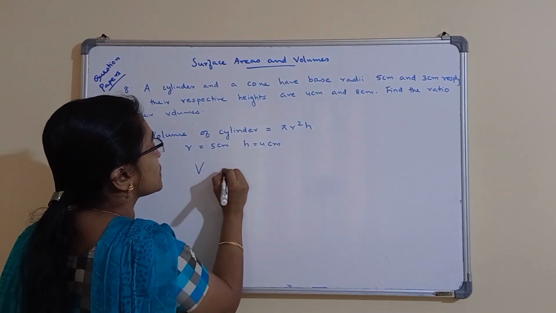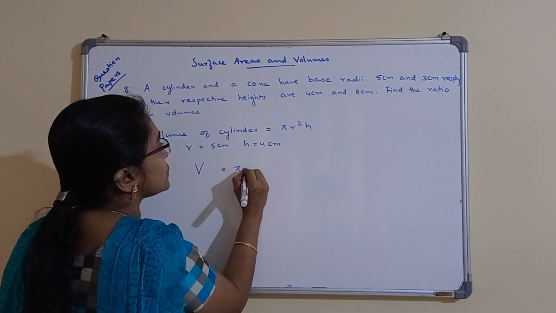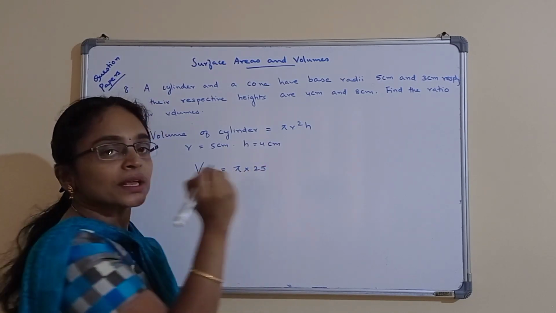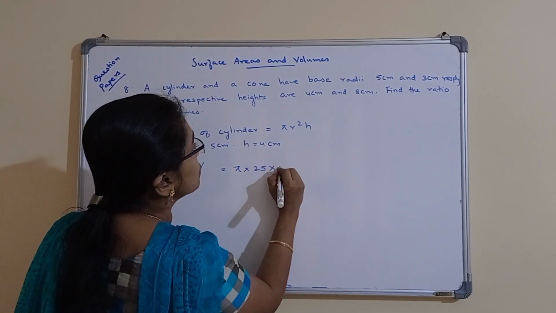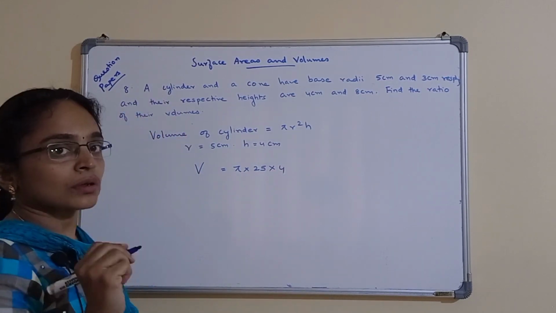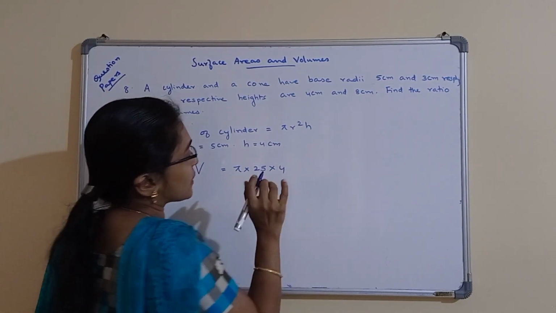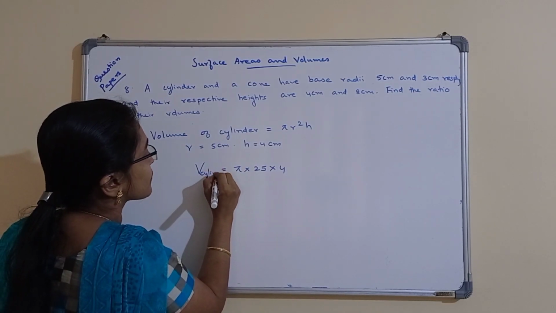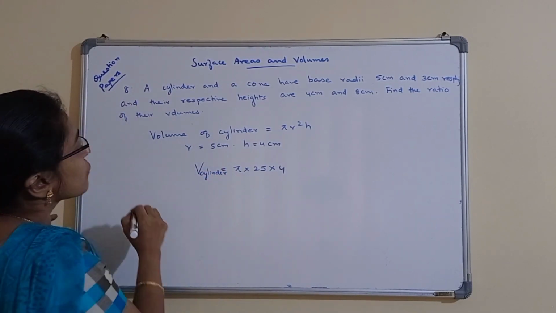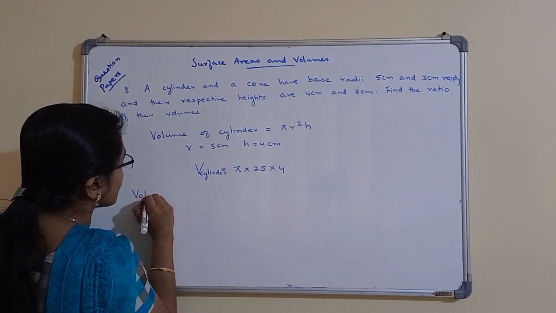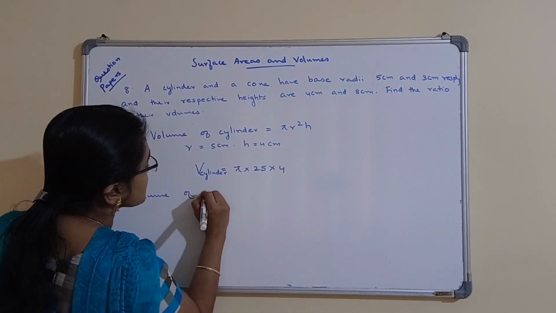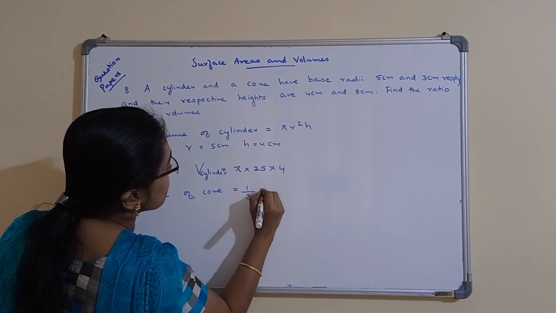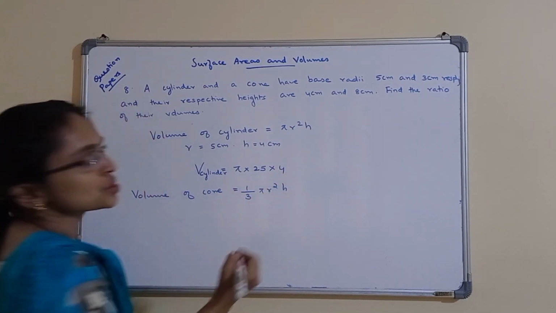So volume equal to pi into r square, that is 5 square is 25, into h 4. Okay, so we can write like this itself, volume of cylinder. Now volume of cone. Volume of cone is equal to 1 by 3 pi r square h.